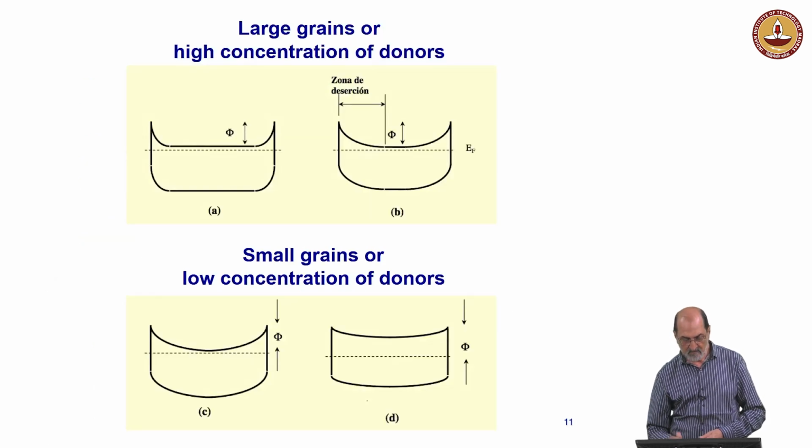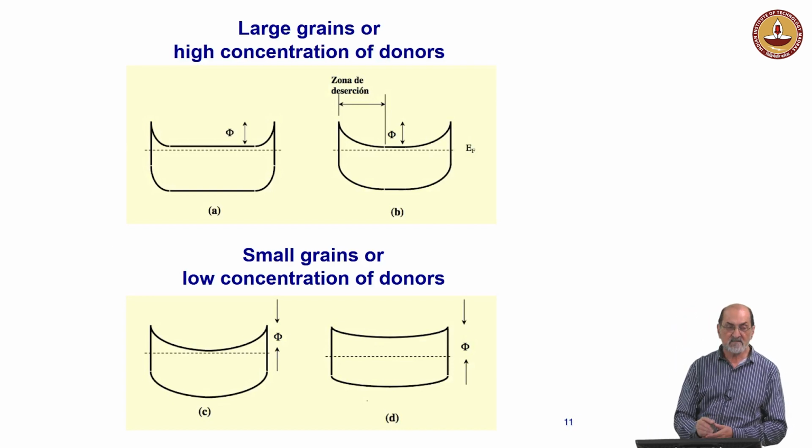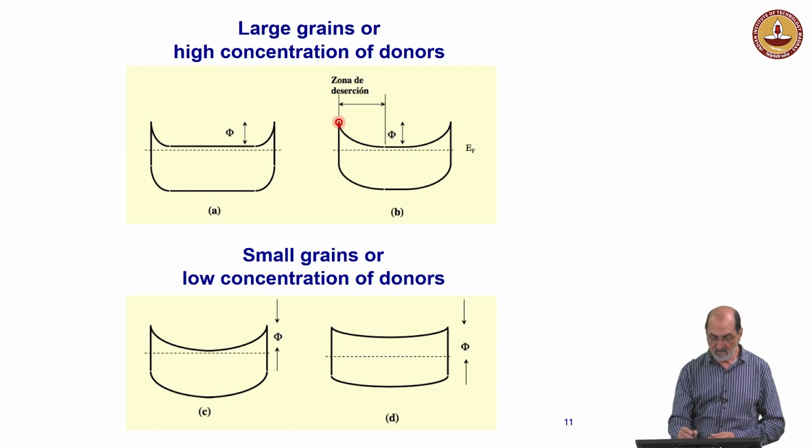Okay, so what we say is taking place if the grains are large enough, or the concentration of donors is not very high, when there is indiffusion of oxygen, what we get is an enlargement of the depletion regions.